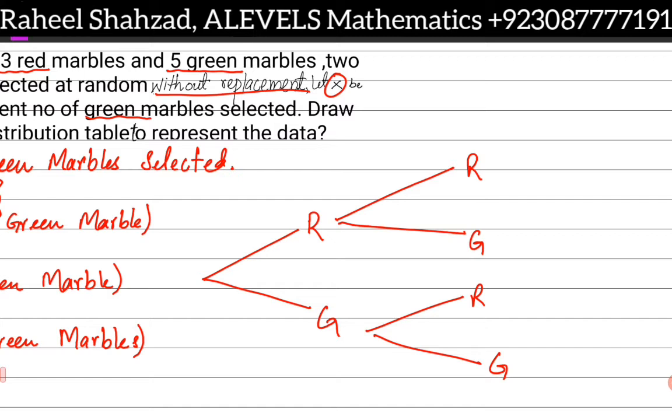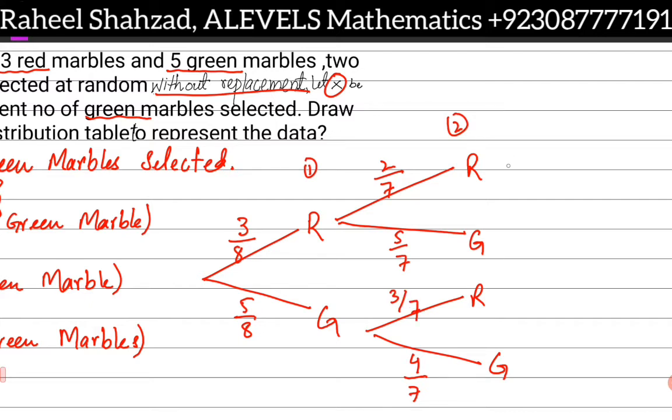What marble we are selecting, we are not putting it back. So we have 3 red, so it is going to be 3 by 8 and 5 by 8. Now this was the first trial. When we take the second marble out, now we have 2 red marbles out of 7 and we have 5 green marbles out of 7. Similarly, if first is green, now we have 4 green left out of 7 and still 3 red out of 7.